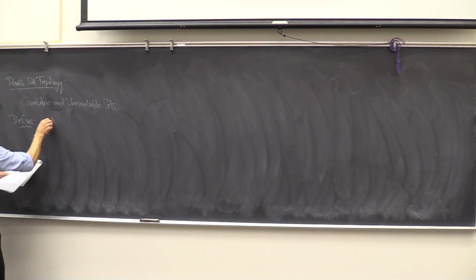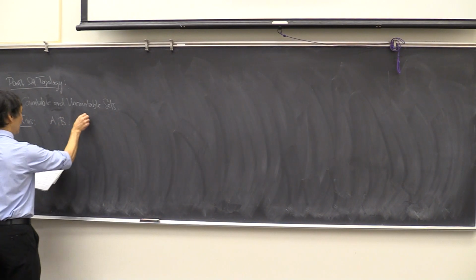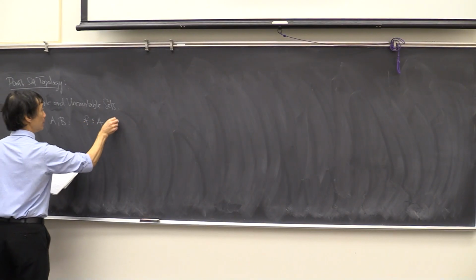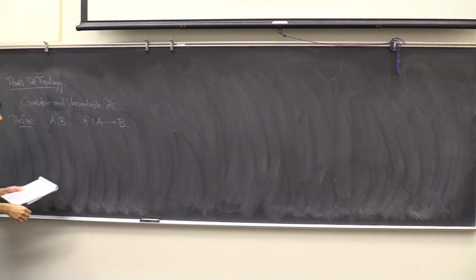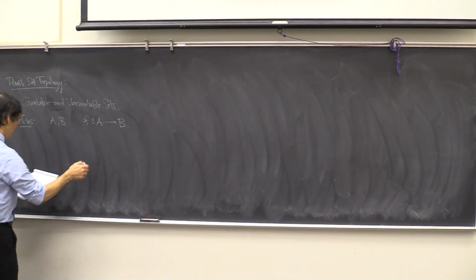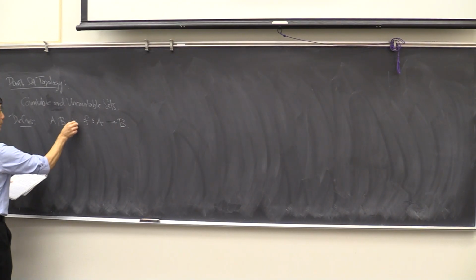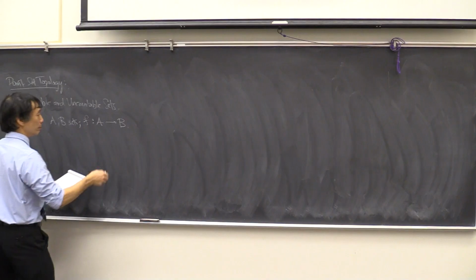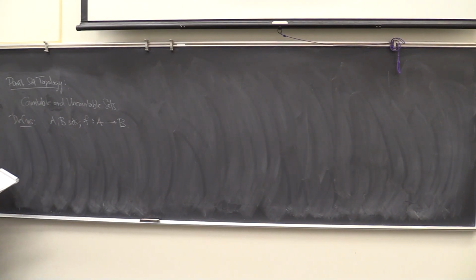First, you have two sets, A and B. You have f, a map from A into B. This is the notation that I'll always use. A and B are sets, f a function, a mapping.